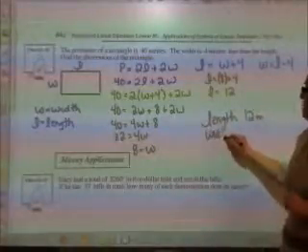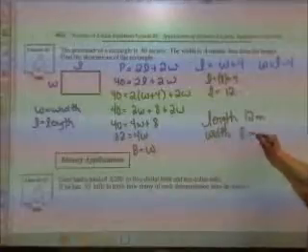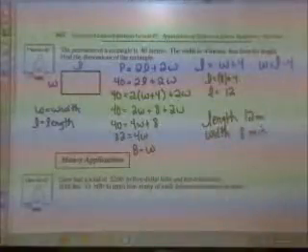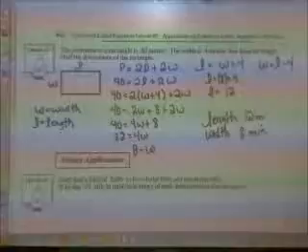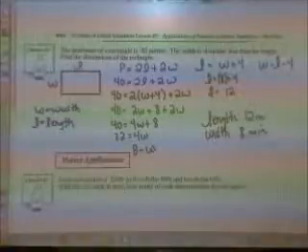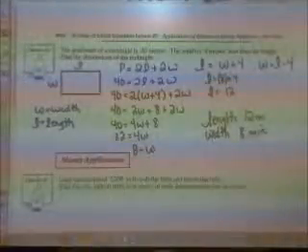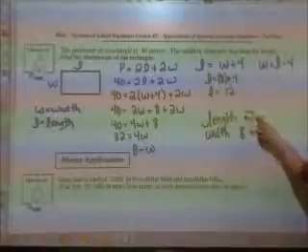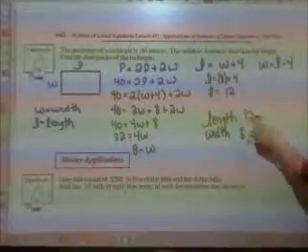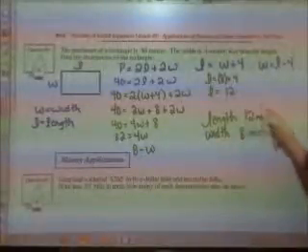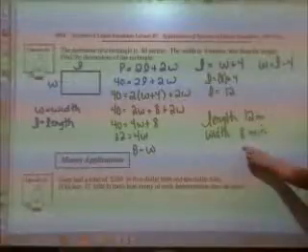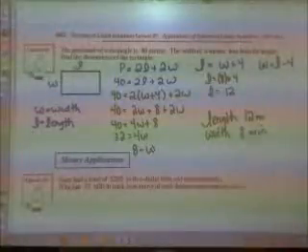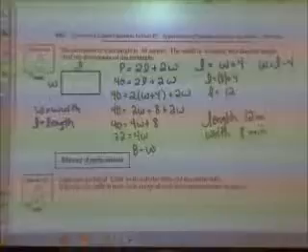The width is 8 meters. Is the width 4 meters less than the length? Yes. Is the perimeter equal to 40? Well, 12 plus 8 is 20, plus another 12 is 32, plus another 8 would be 40. So there's my check.